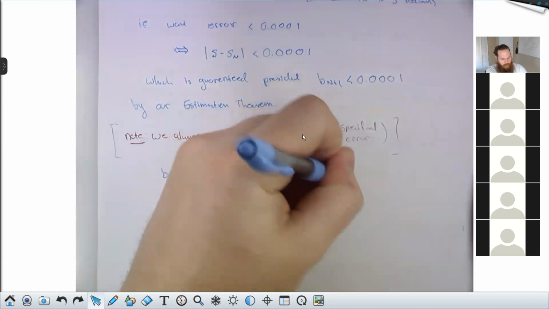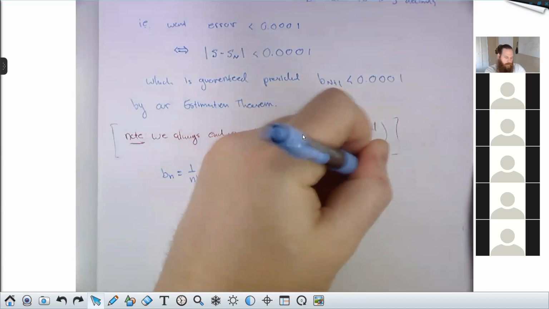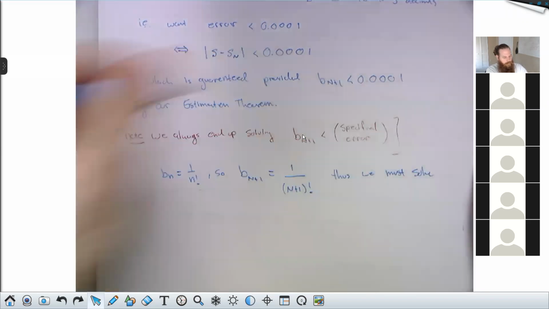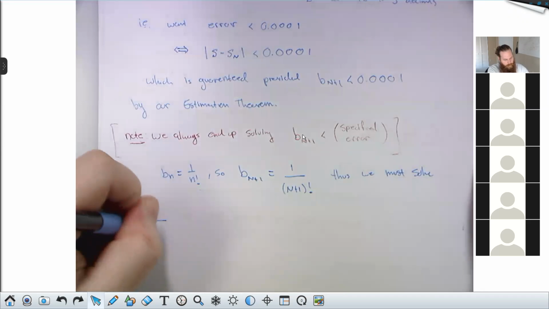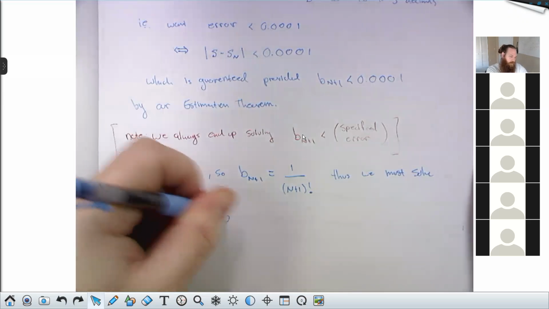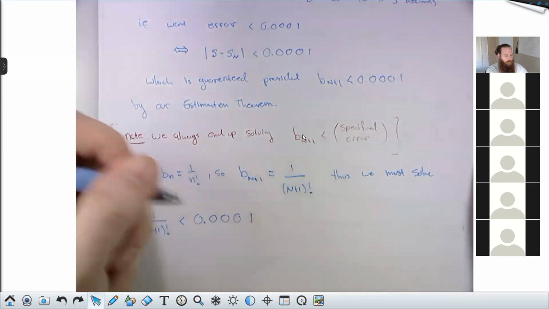Thus, the inequality we must solve is 1 over n plus 1 factorial is less than 0.0001.